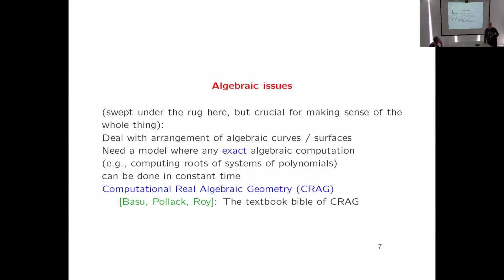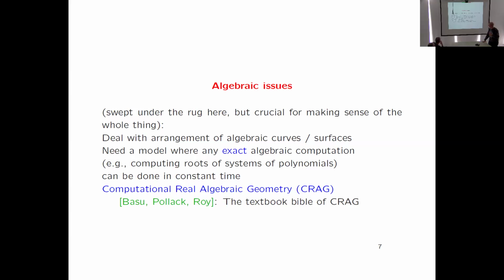It cannot be done by radicals. But at any rate, I want a model where I can do this exactly, whatever that means. And I will not go into what it means, but there is such a model. It's a whole area adjacent to this area called computational real algebraic geometry, which has been beaten to death for many years.